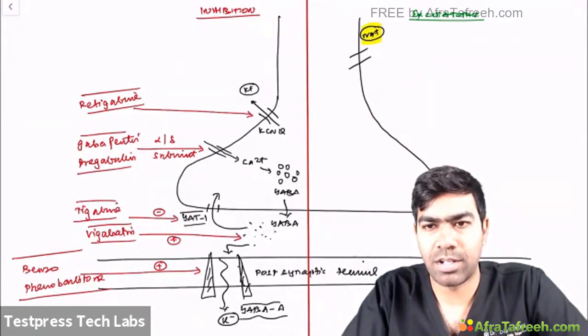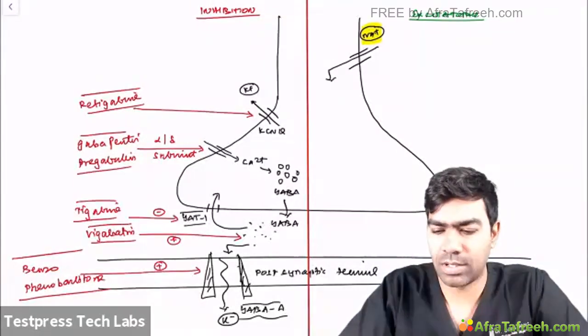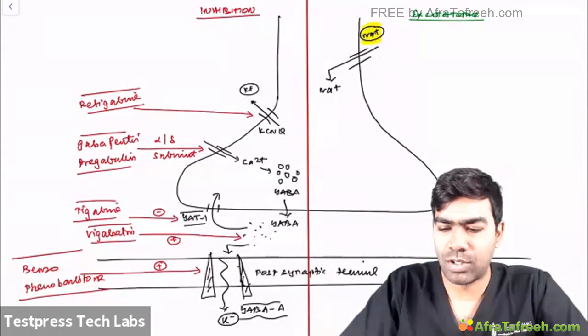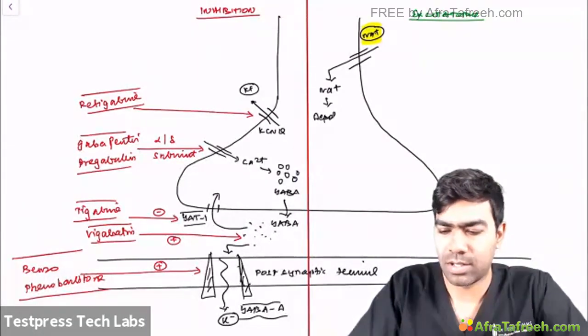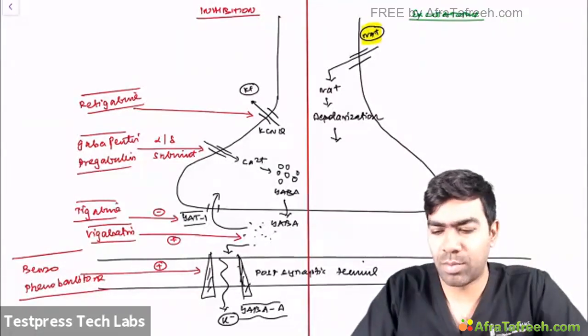And apart from that, you have sodium entry into the cells. This sodium entry is going to cause depolarization, and this depolarization is going to release the vesicles of glutamate, for example.